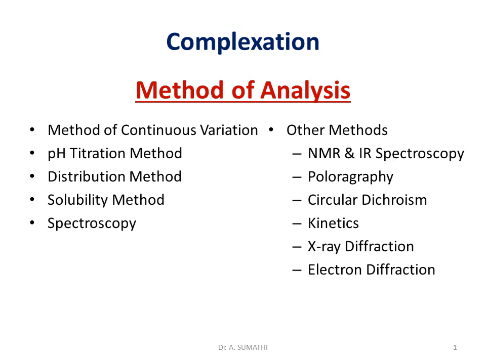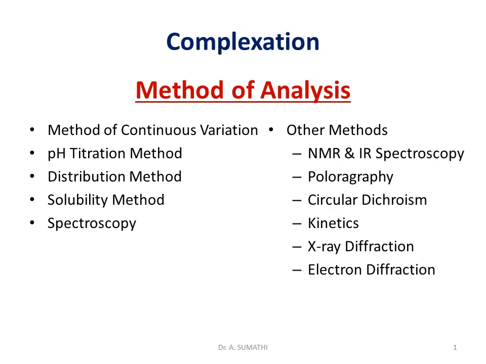So, under which I have listed out the various methods. First one, method of continuous variation. Second one, pH titration method. Third one, distribution method. Fourth one, solubility method. And at last, spectroscopic method.